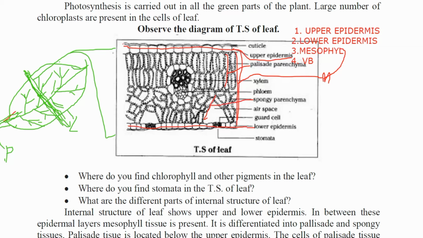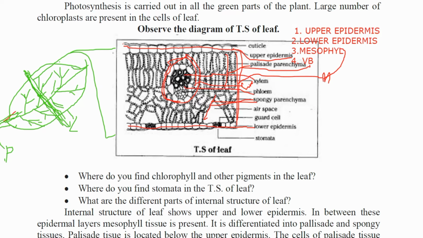The cells below the upper epidermis are called palisade parenchyma. The cells above the lower epidermis are called spongy parenchyma. Centrally we can see a dark stained body called the vascular bundle, VB. The VB has two tissues: upper xylem and lower phloem.